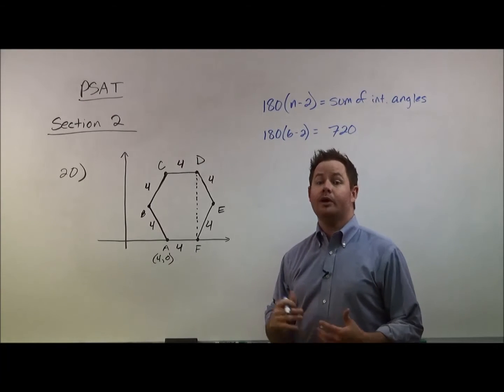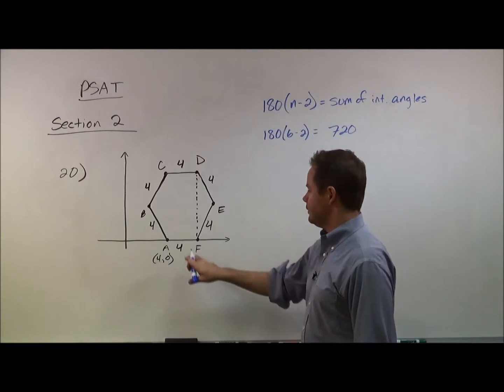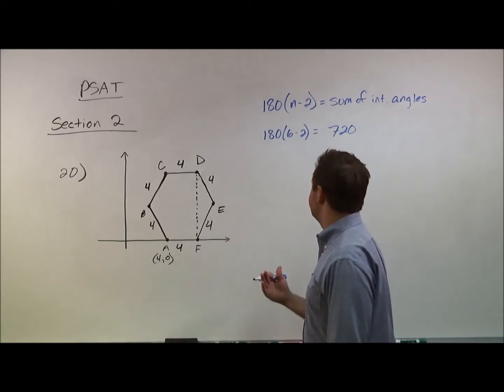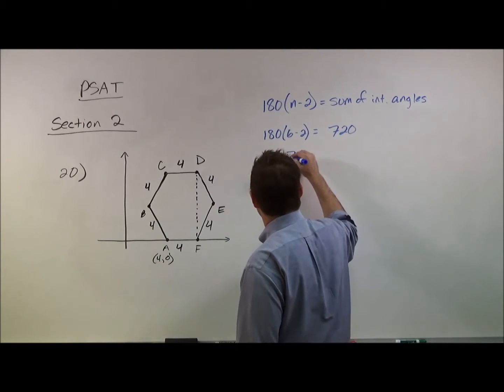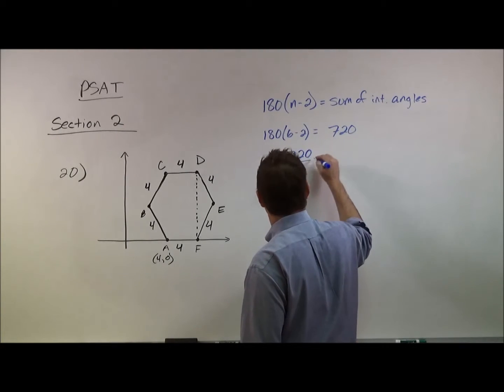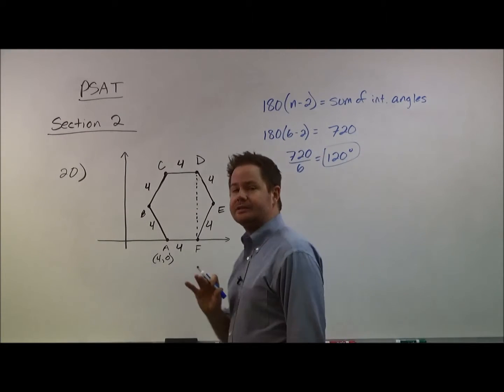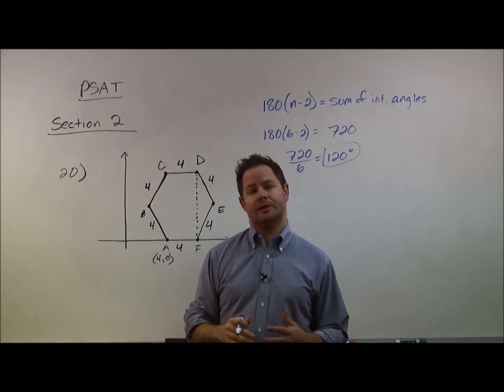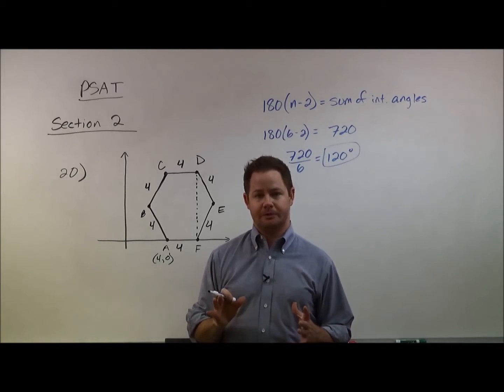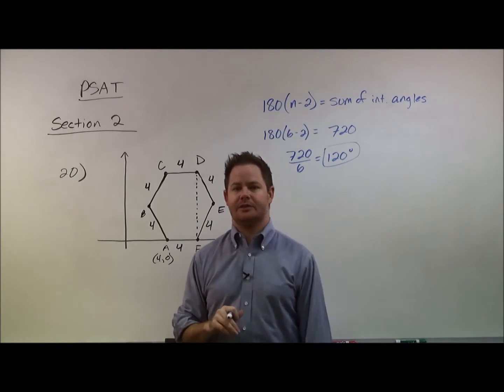To find one of the interior angles, you simply have to divide by the number of sides that there are. So 720 over 6 gives us 120 degrees. Now that's important because for us to figure out what the length is going to be, we need to figure out what types of triangles we're dealing with inside of this hexagon.